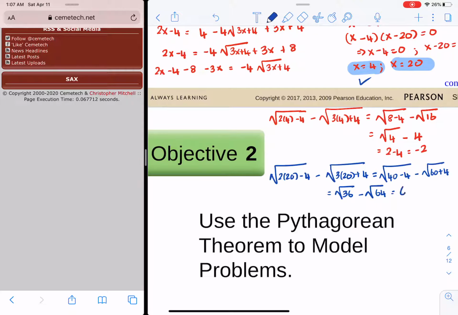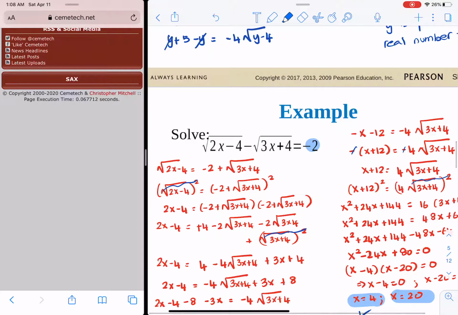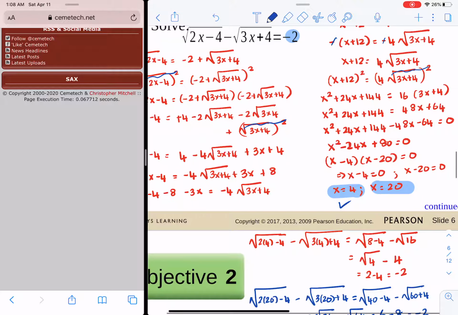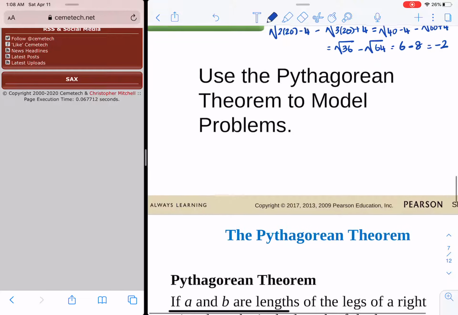Square root of 36 is 6, square root of 64 is 8, 6 minus 8 is minus 2, which is the right-hand side that we expect. So that checks out as well. So both x equal to 4 and x equal to 20 are solutions to the equation.